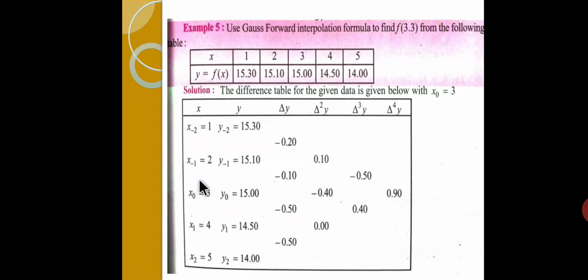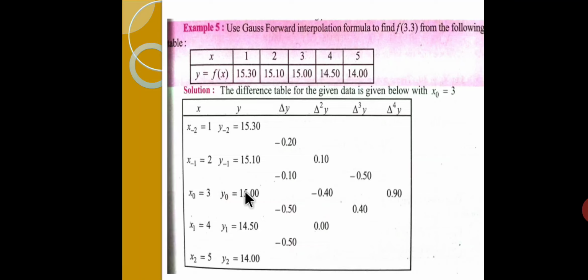If our required value belongs to the upper part of the center value, we apply Gauss forward interpolation, and if it belongs to the below part of the center value, then we apply Gauss backward interpolation. In case it is not mentioned in the problem, sometimes they say just use the Gauss interpolation formula. In such cases we have to select which formula to apply.